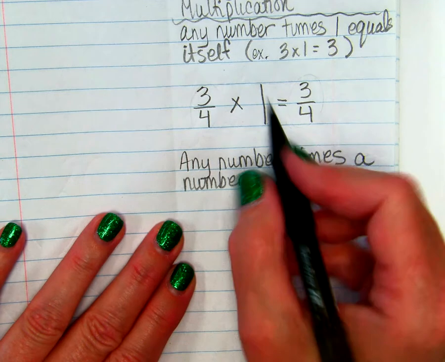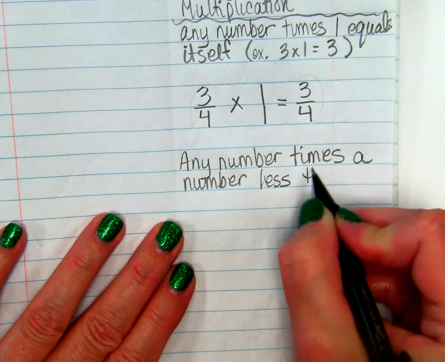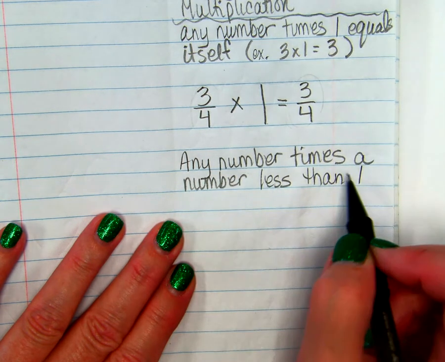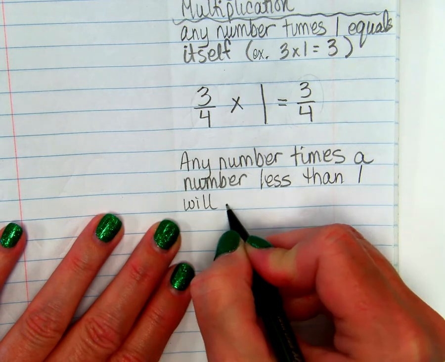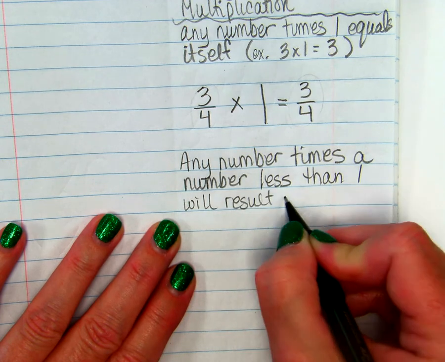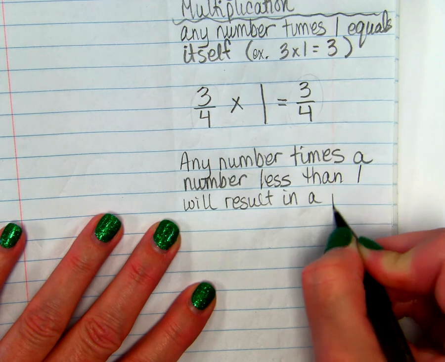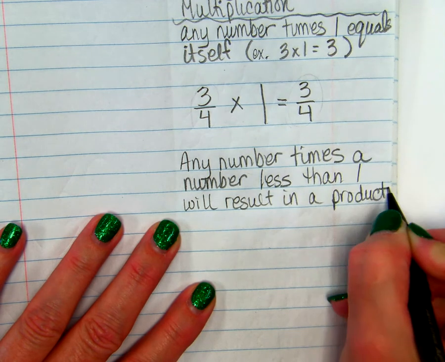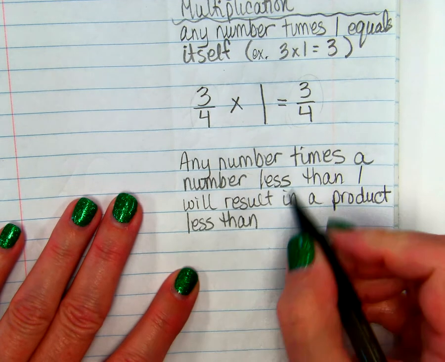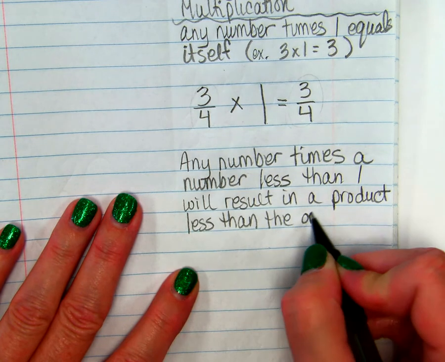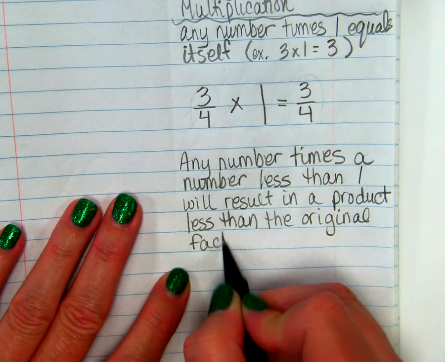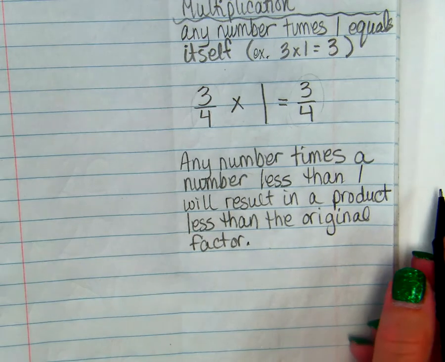Any number times a number less than 1 will result in a product less than the original factor. Let me give you a moment to write that down.